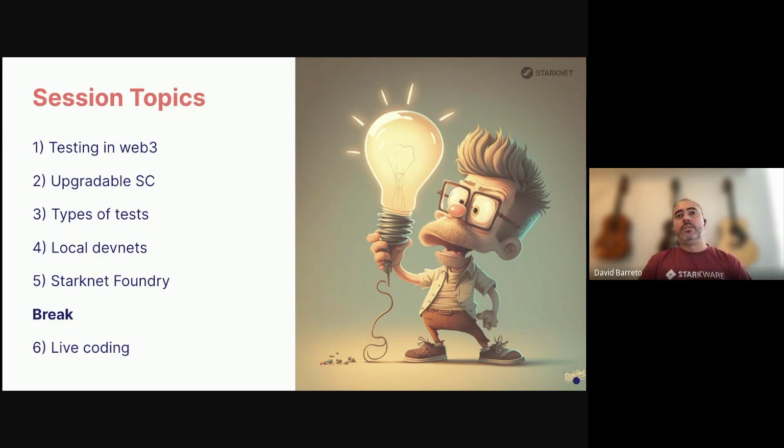Then we're going to jump into types of tests you can perform in the smart contract. Then a discussion about local devnets. We saw one of them last week with Pierre, Katana, but there's another one. Finally, a brief introduction to Starknet Foundry, the tool we're going to be using today. We're going to have a short break, hopefully the 10 minutes today, and then we're going to jump into the live coding session.